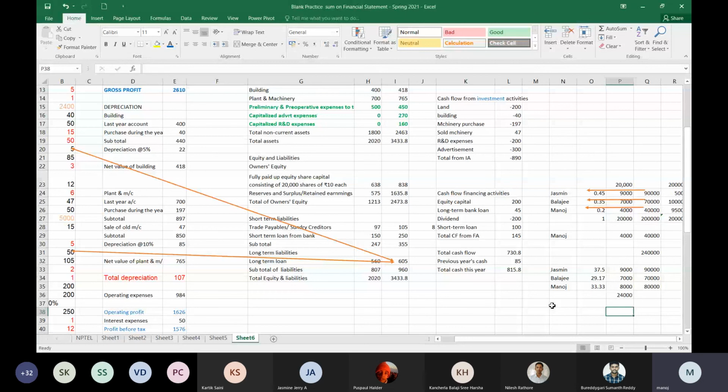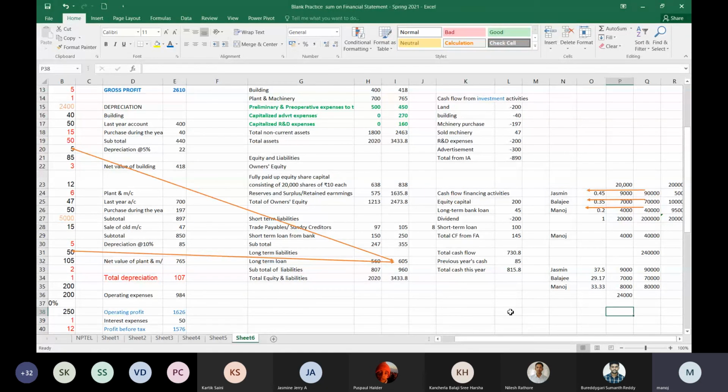Next year, suppose Balaji says, I'm not liking this business anymore, so I don't want to be there. I just want to quit. So you take my shares, I don't mind. How much money would you like to give me?